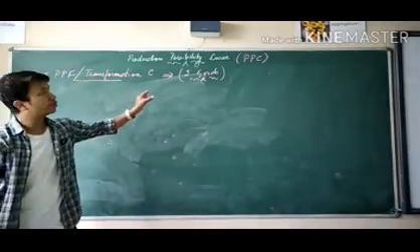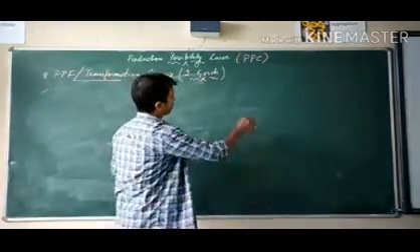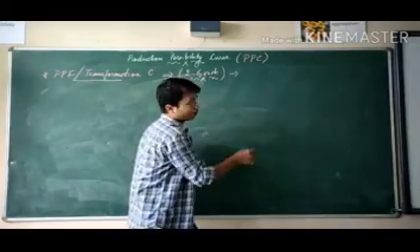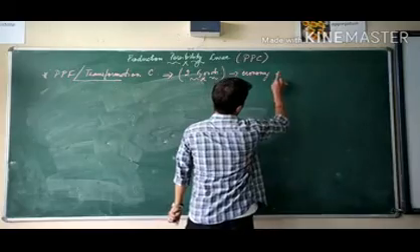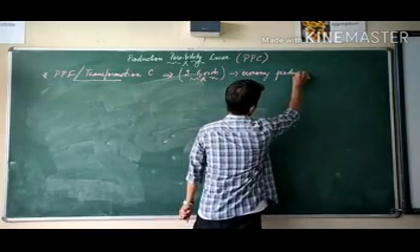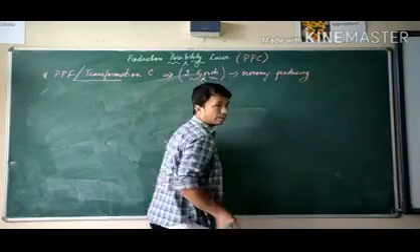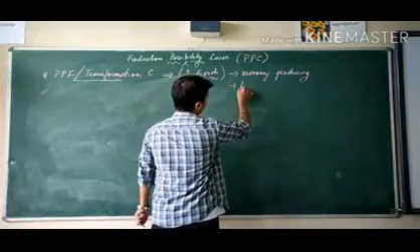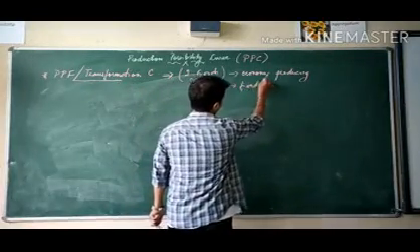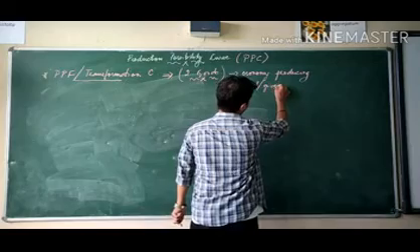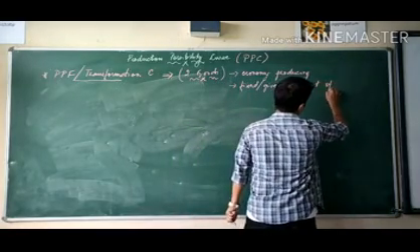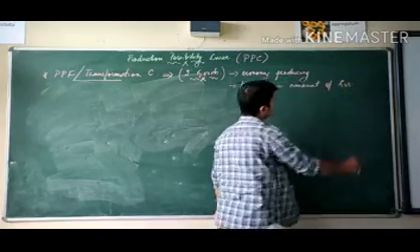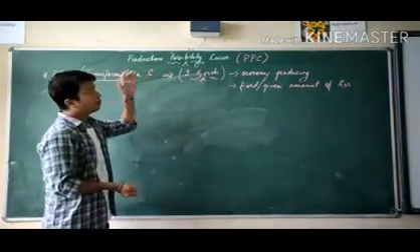It is the graphical representation of two goods which an economy can produce by using a fixed or given amount of resources. So this is the definition of PPC.